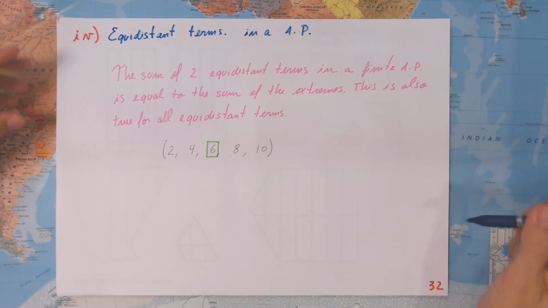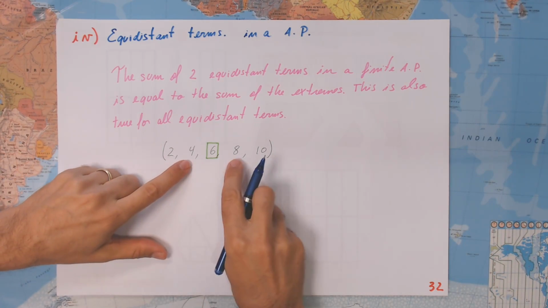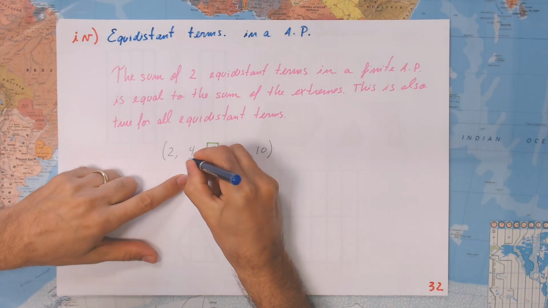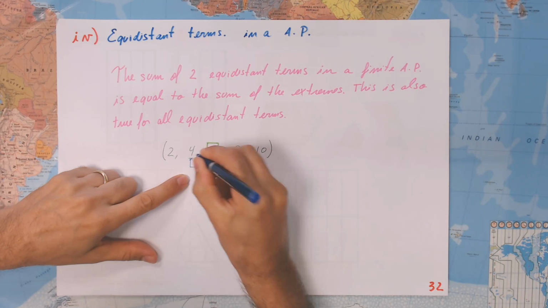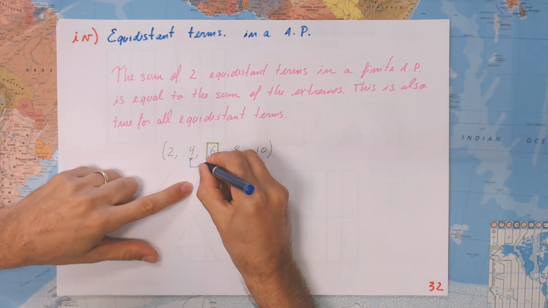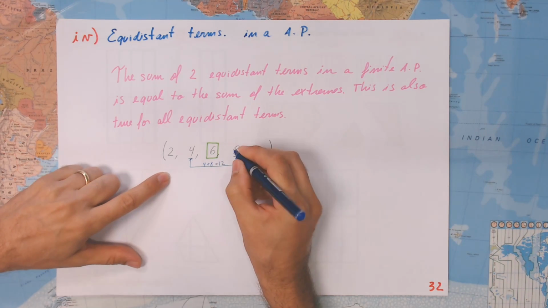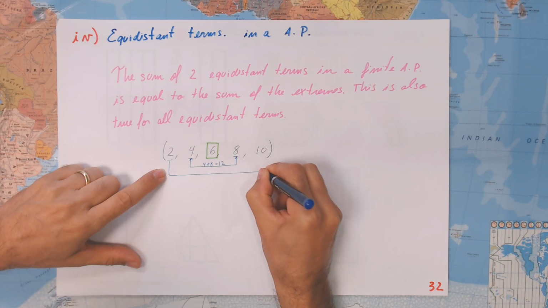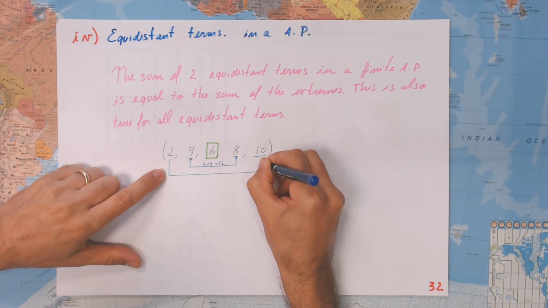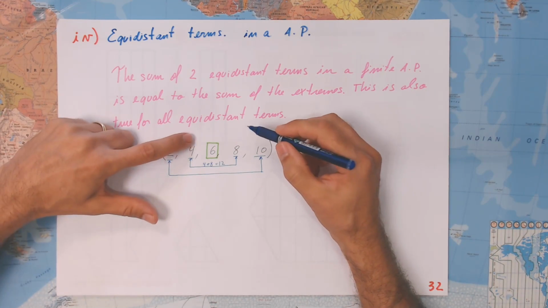And what do we have in here? Well, the 4 and 8 are equidistant. So if we add 4 plus 8, we're going to get 12. But the 2 and the 10 are also equidistant from the center.